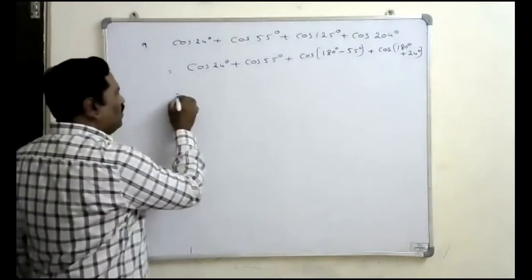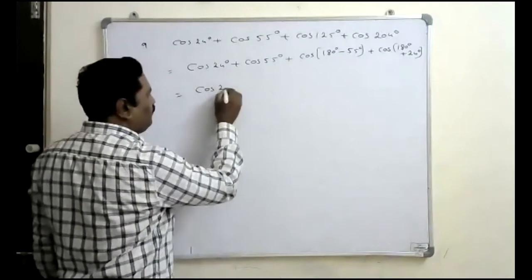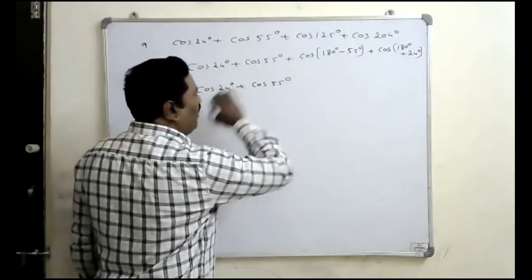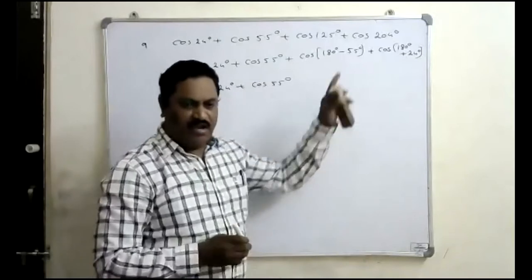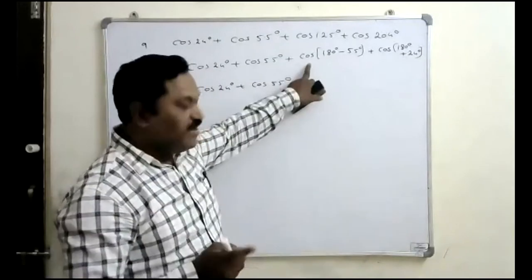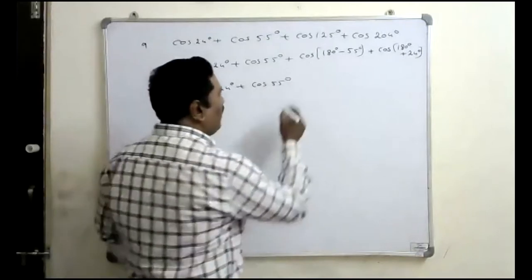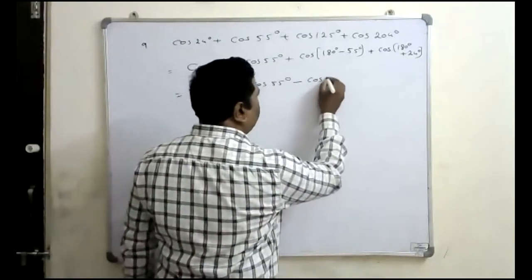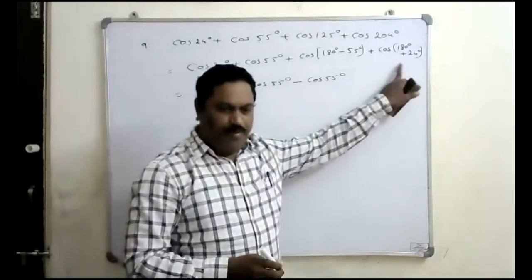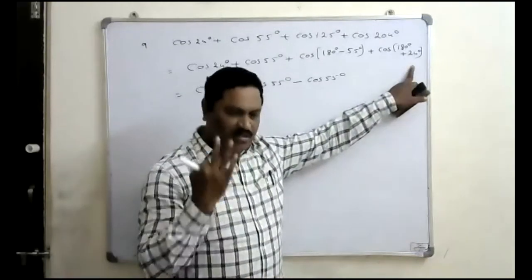Now it is cos 24 degree plus cos 55 degree. Now 180 minus, this is the angle of the second quadrant. In the second quadrant cos is negative, so you get minus cos 55. And 180 plus, this is the angle of the third quadrant.